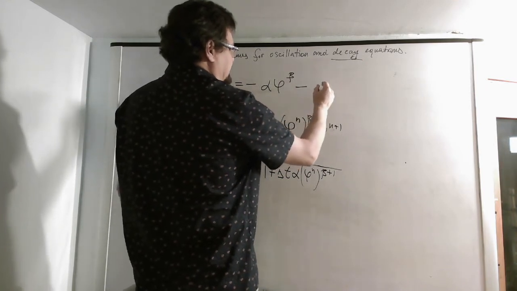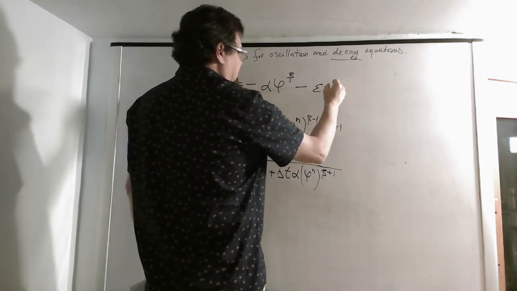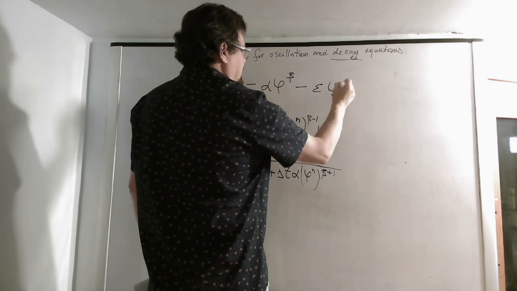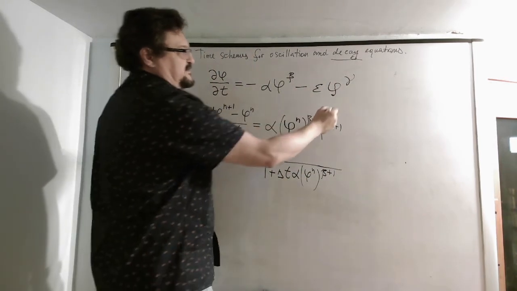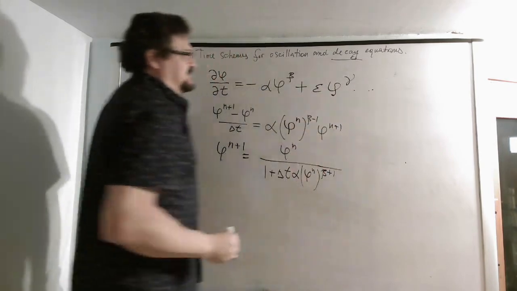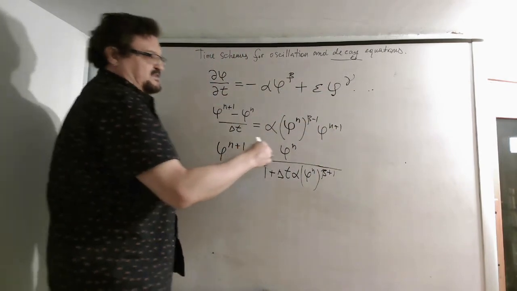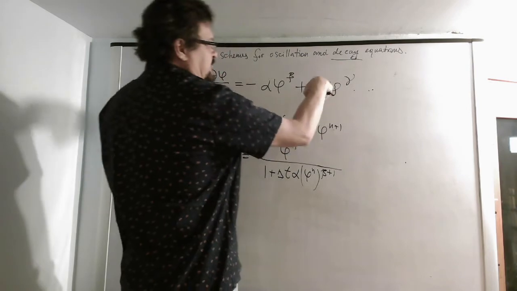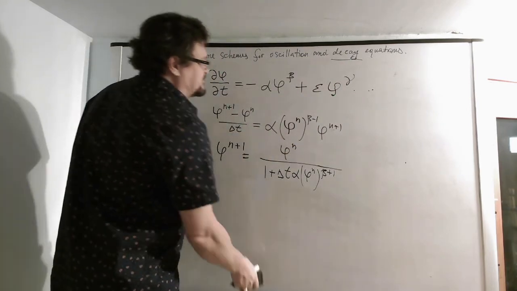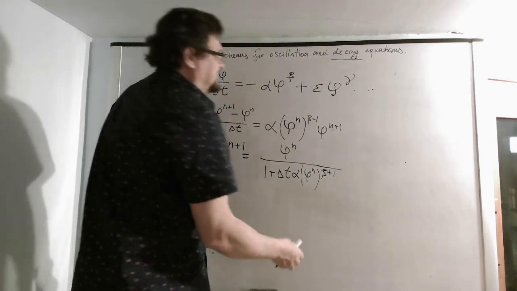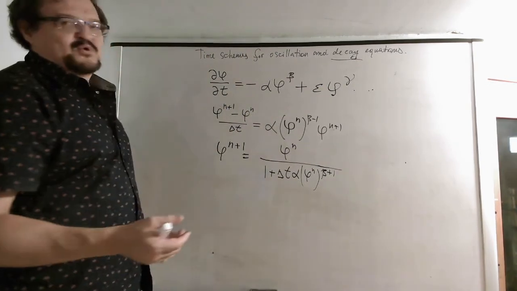So you have some epsilon phi, some gamma, some other process, and some other plus, for example, if it's gaining from some other quantity, depending on the value of phi. In that case, you also can show that the whole thing is a well-posed problem.